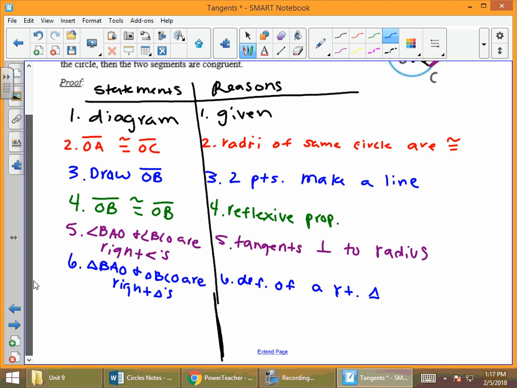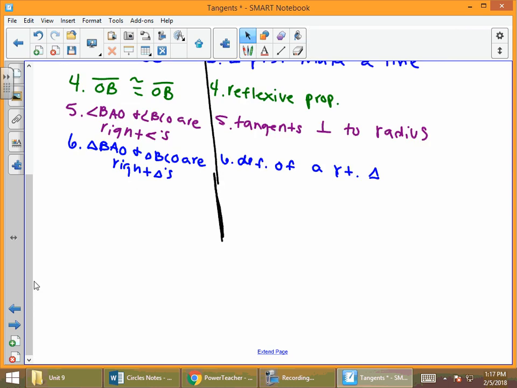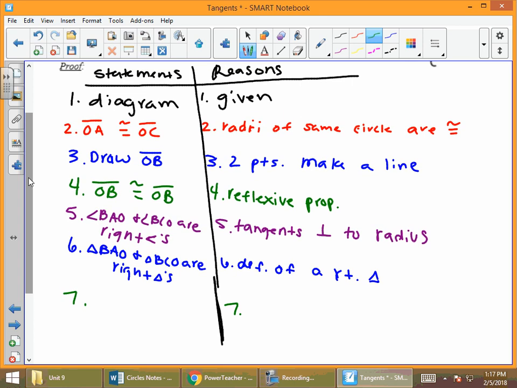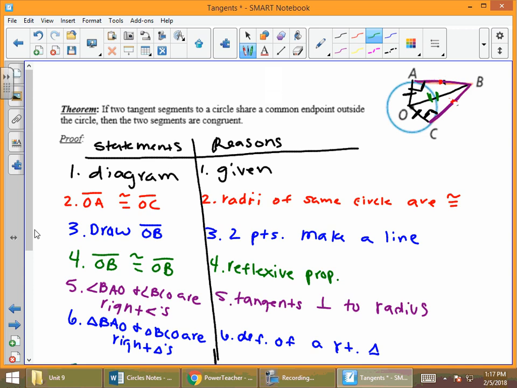So then, think back to unit 3. Whenever we have a right triangle, what shortcut can we use to say that those triangles are congruent? It's 2 letters. Look at your diagram. What is it? HL, yeah. We showed the hypotenuses were congruent, and we showed that leg was congruent. So hypotenuse leg, HL, lets us know that 2 right triangles are congruent.